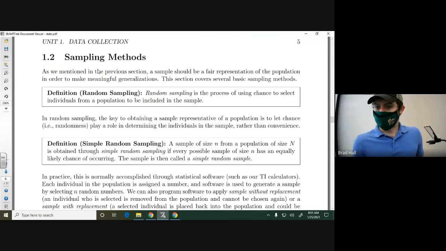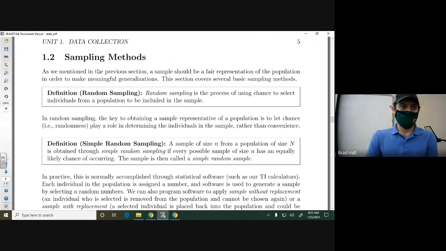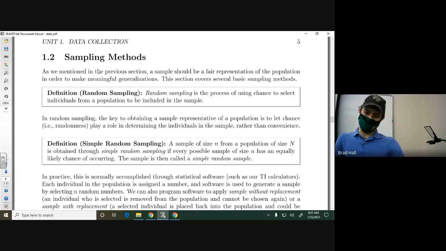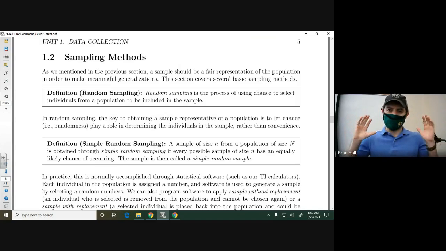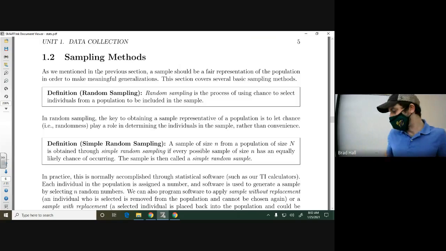So we're going to pick up where we left off on sampling methods. And with sampling methods, I'm going to kind of go through it again, just to emphasize it a little bit more. So remember, in this class, instead of studying or doing a statistical survey on a population, we tend to want to pick a subset of that population called a sample because, well, sometimes it may be too long to figure out all the people in a population.